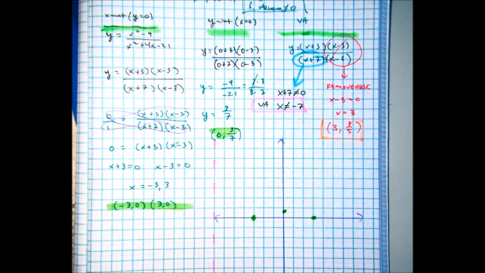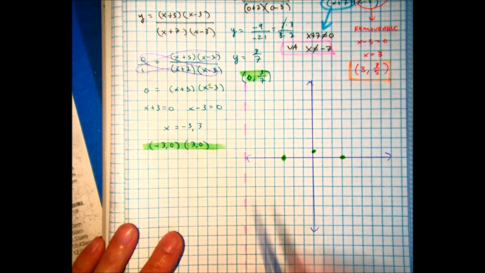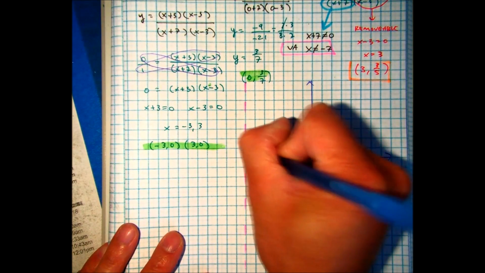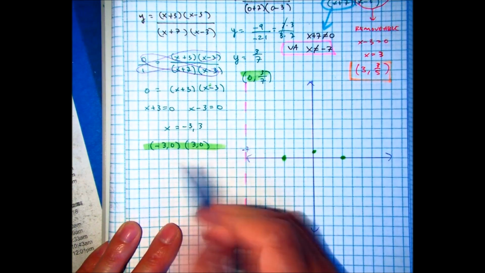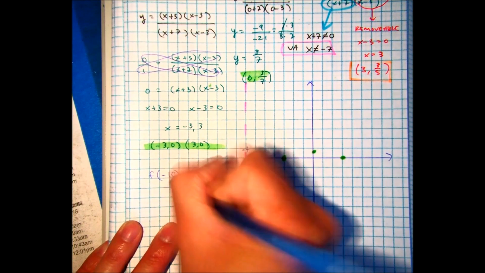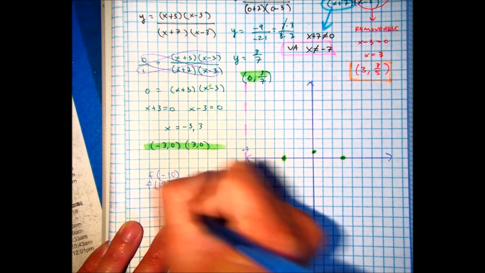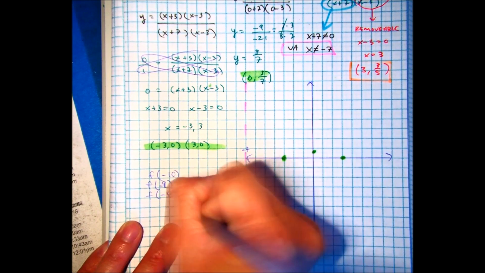Okay. So yesterday we talked about using a table of values to get some idea what's happening here. So this is -7. Let's get like three points over here: -10, -9, -8.